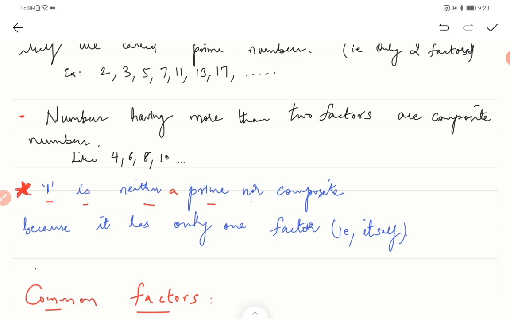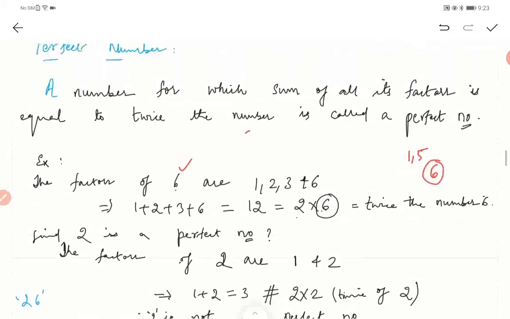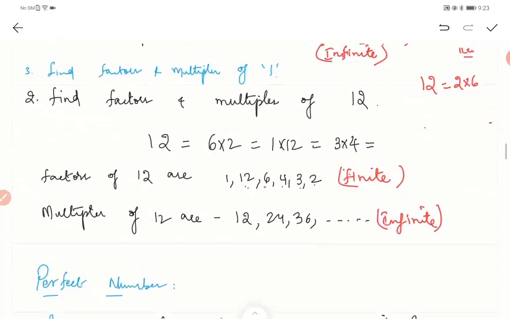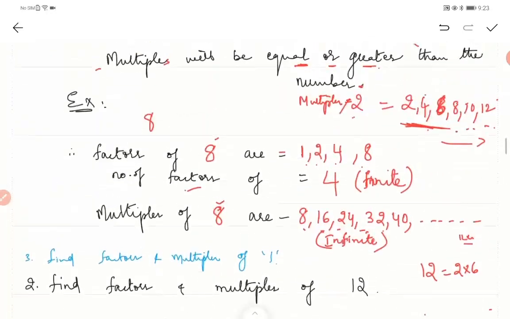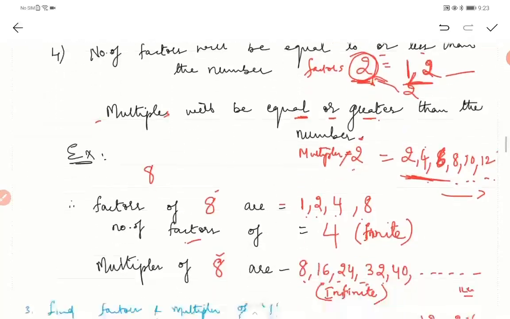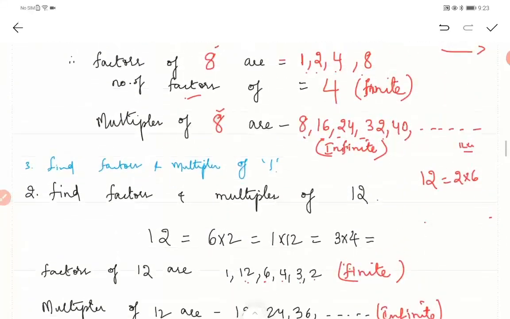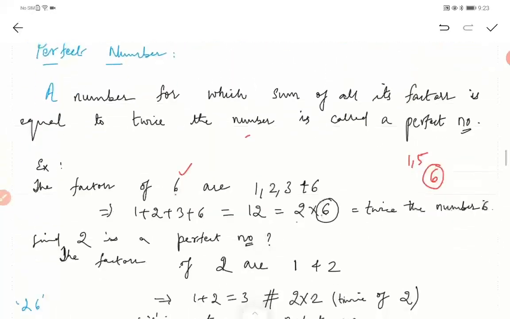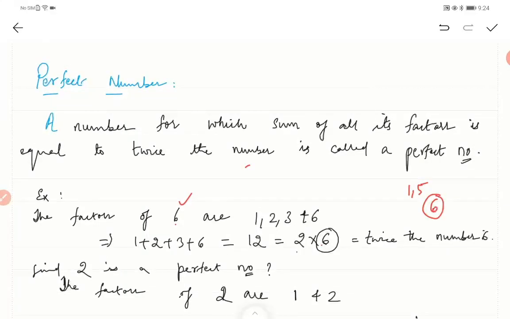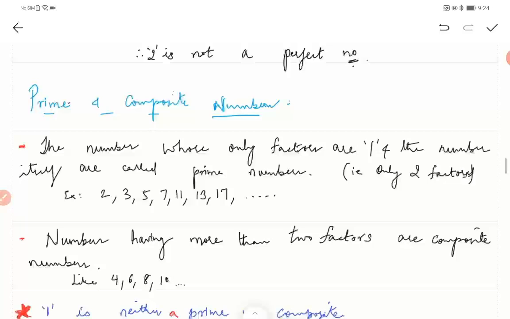Alright, I hope today's class is clear to you. So what did we learn today? We saw what a perfect number is, and what prime and composite numbers are.